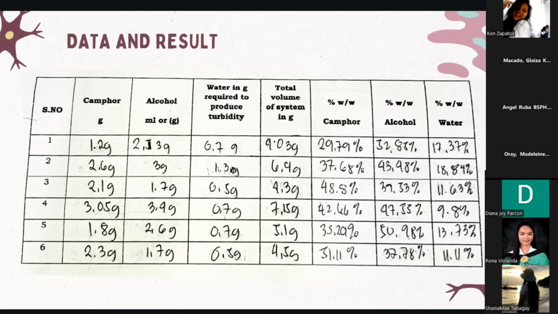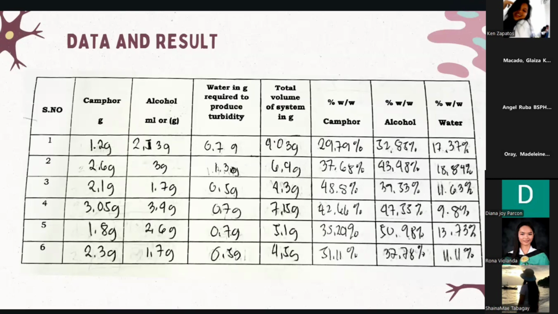For test tube 3, 2.1 grams, 1.7 grams, and 0.5 grams, and the total is 4.3 grams. For test tube 4, the camphor is 3.05 grams, the alcohol is 3.4 grams, and the water is 0.7 grams. The total is 7.15 grams.